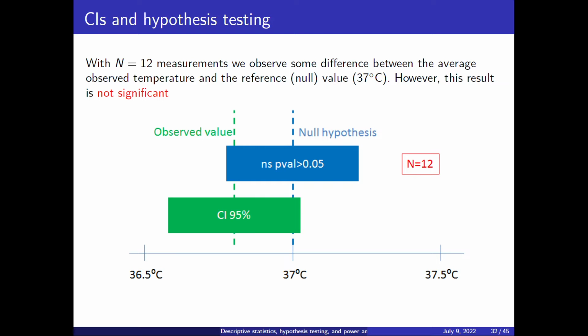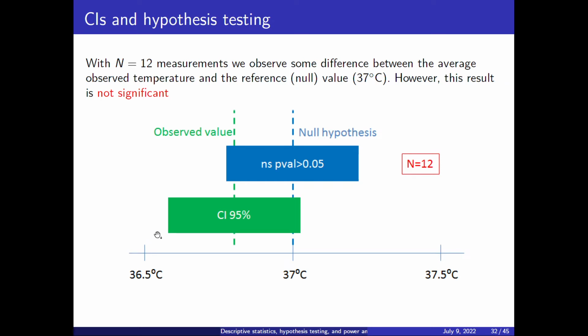So we have observed, this is a different example, it is not on tablets. The null hypothesis is that the mean temperature of humans is 37 degrees. The alternative is that it is different from 37 degrees. Let's say that we have observed a sample mean of 36.8 with 12 individuals.